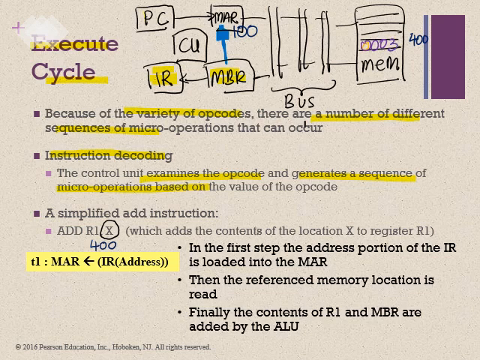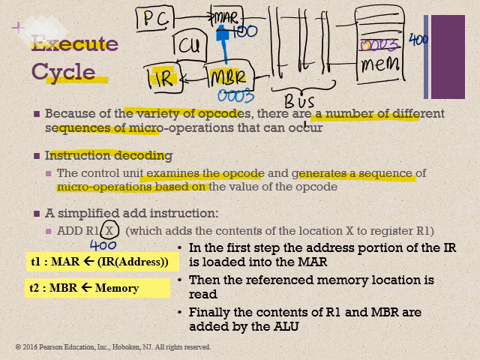So 003 will be on the data bus, and at T2, from memory, the content 003 will go into the MBR. So in the MBR is the data 003.